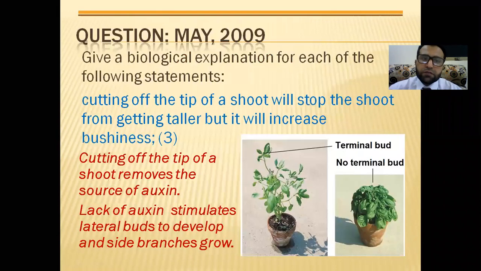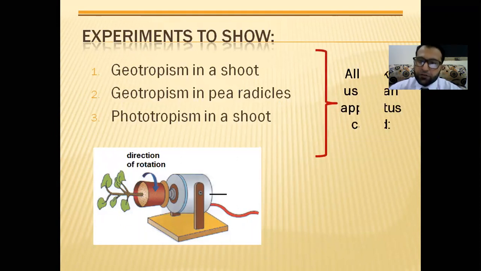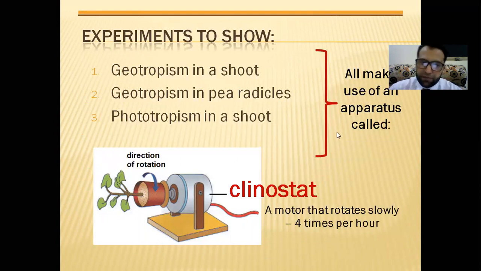Now we have some experiments to show tropism: geotropism in a pea radicle, and phototropism in a shoot. For all these, we make use of an apparatus called a clinostat, a motor that rotates slowly, 4 times per hour.